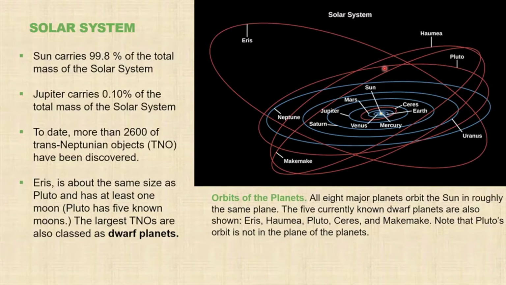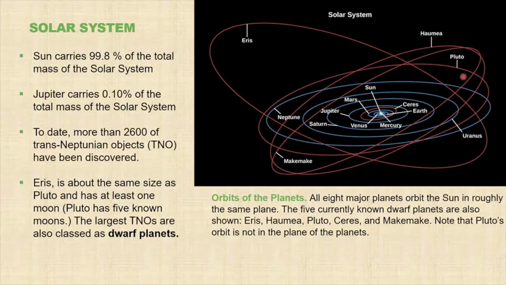So astronomers came together and set a line, and defined what a planet should be, based on its size and its orbit. It also has to clear its orbit, but Pluto has not cleared its orbit.